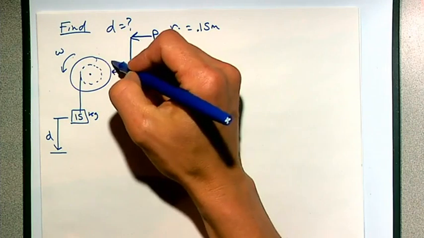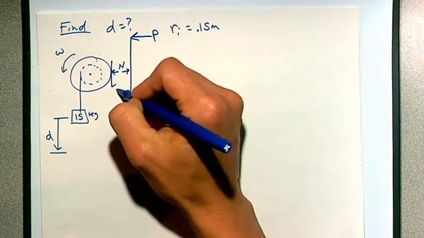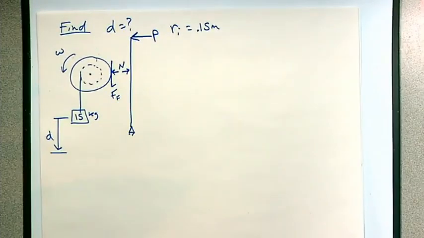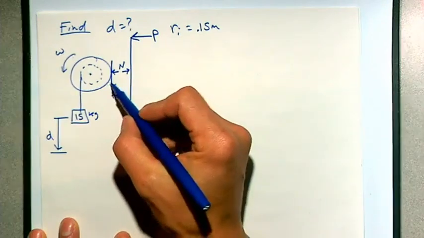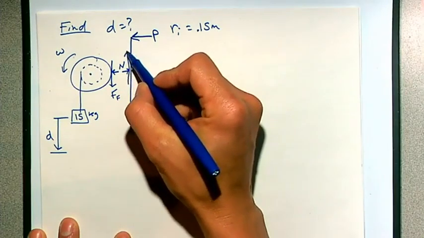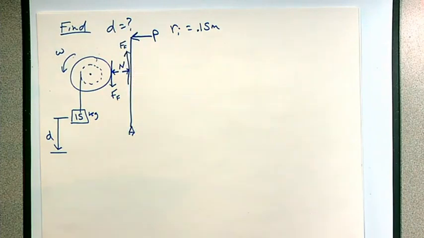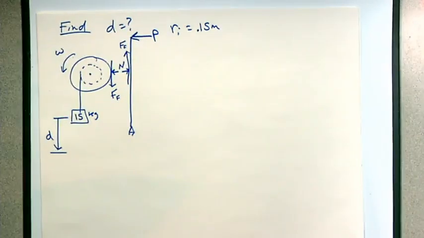And I've got a frictional force trying its hardest to slow this thing down. So it's acting down on the drum, and I guess it would be acting up then on the bar. That's kind of what our system looks like.